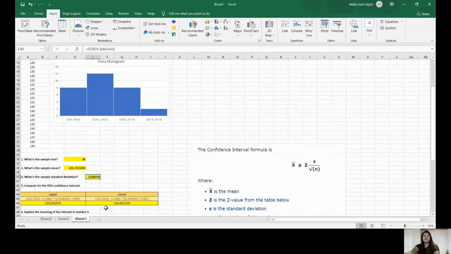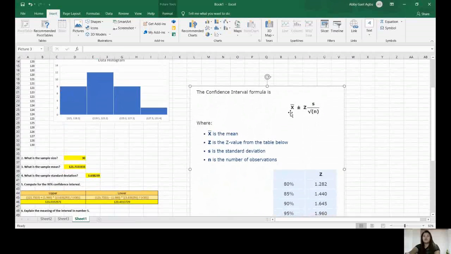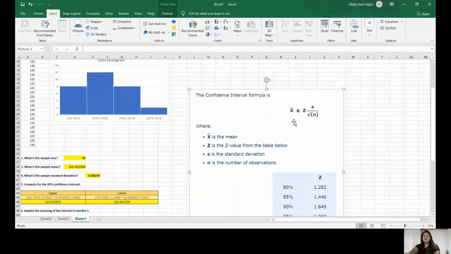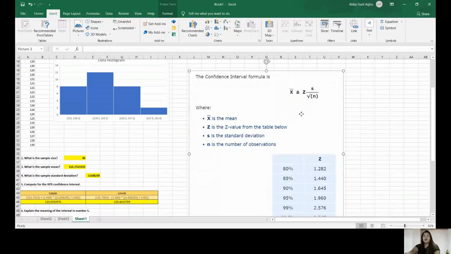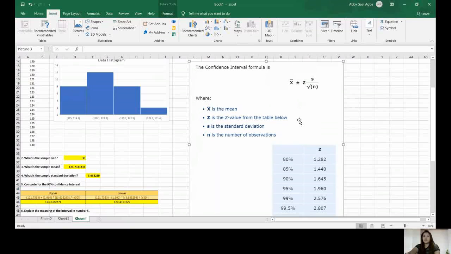And in computing the confidence interval, we have this formula. Our formula is mean plus minus z value from the table, multiplied by the quantity of the standard deviation divided by the square root of the sample size.